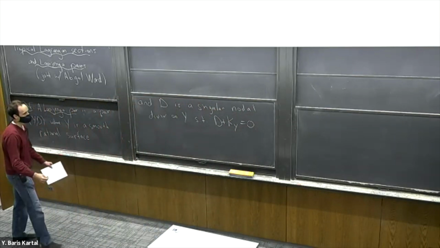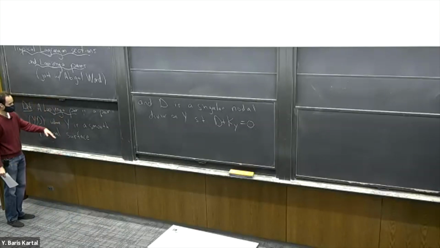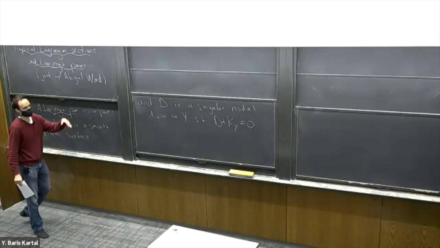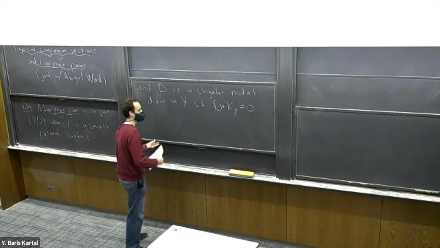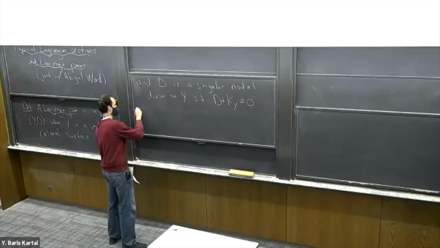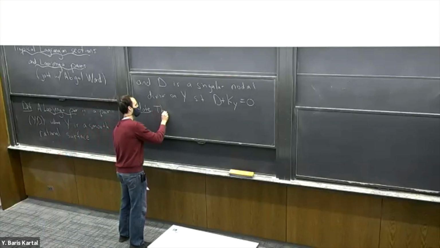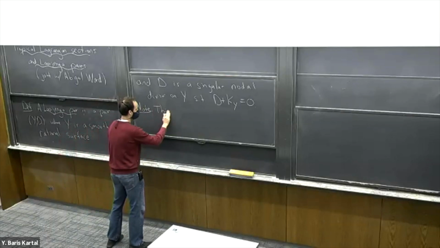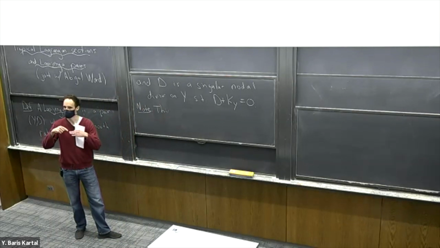I'm going to make a remark in a second, but since we're on a surface, I'm just saying that it's nodal, it's going to be normal crossing. Because we're working in this particular dimension, this implies that D is either a cycle of P1s, or just one P1 with the two nodes glued together.